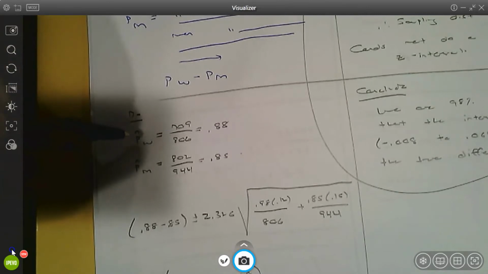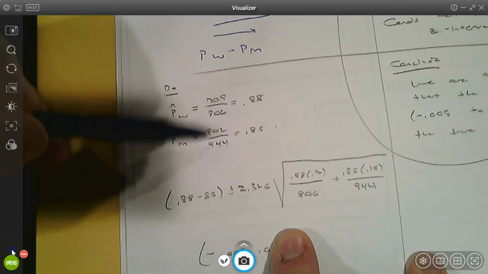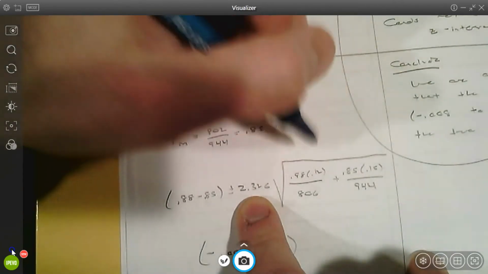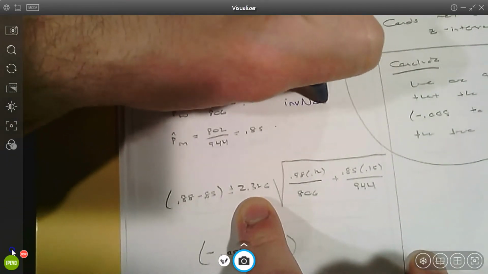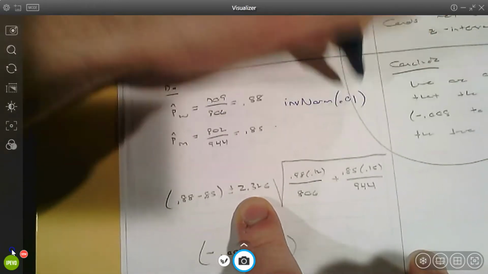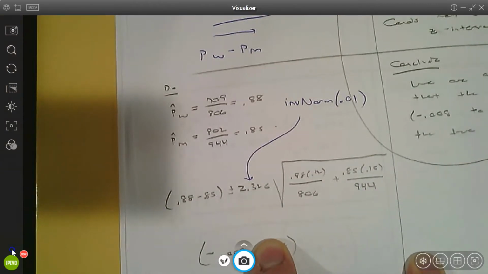All right, the do step. I have my proportion of women, successes out of the sample size, same for men. And this critical value, we have 98% confidence, so I'm doing inverse norm. There's 98% of the data in the middle. There's 1% in each tail. That's where that 2.326 is coming from.